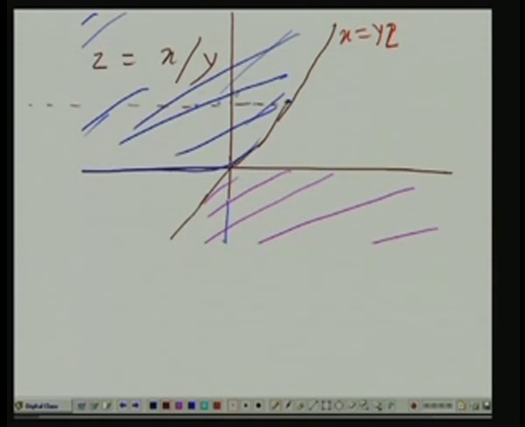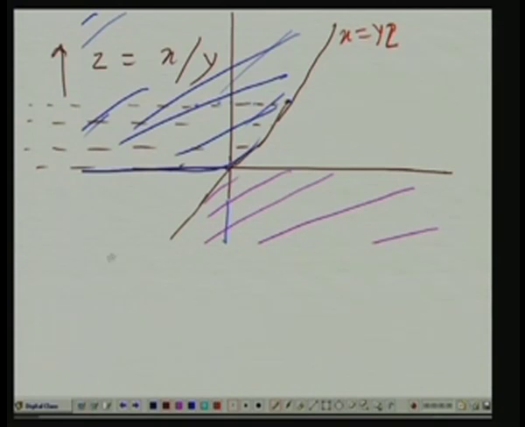Once that is done, I will move y from 0 to infinity. So, this line will be sliding from this axis upwards, up to this and going further up. That is one part.